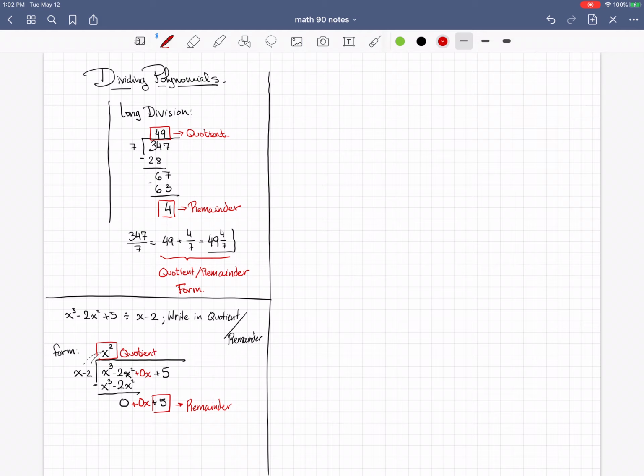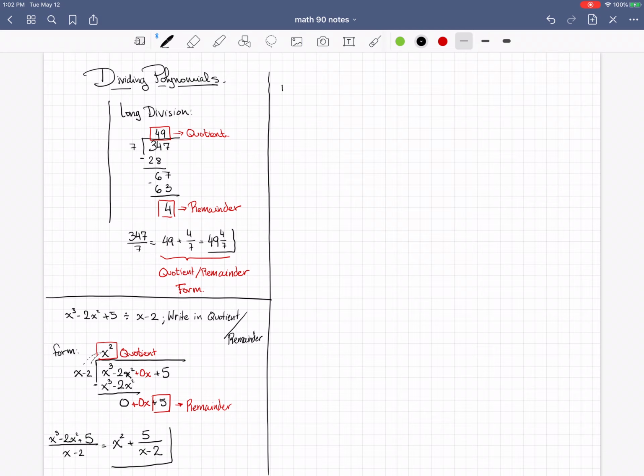So if we wanted to write this division in quotient remainder form, we could say x cubed minus 2x squared plus 5 over x minus 2 is equal to x squared plus 5 over x minus 2. So that is the quotient remainder form there. So that was the first example.